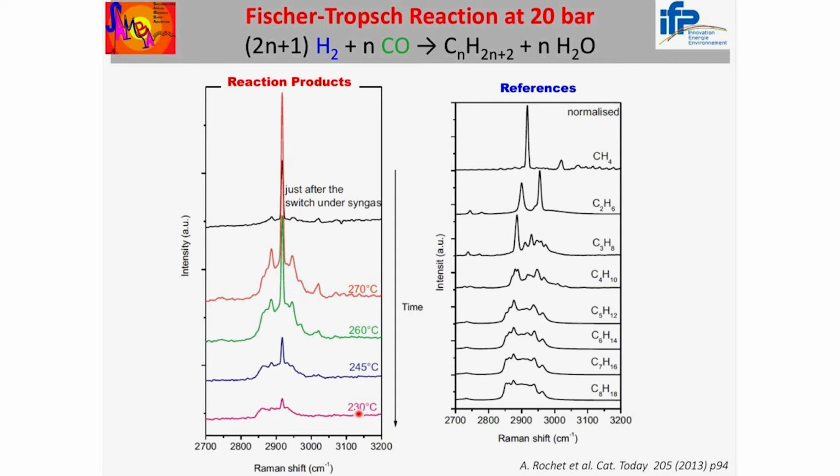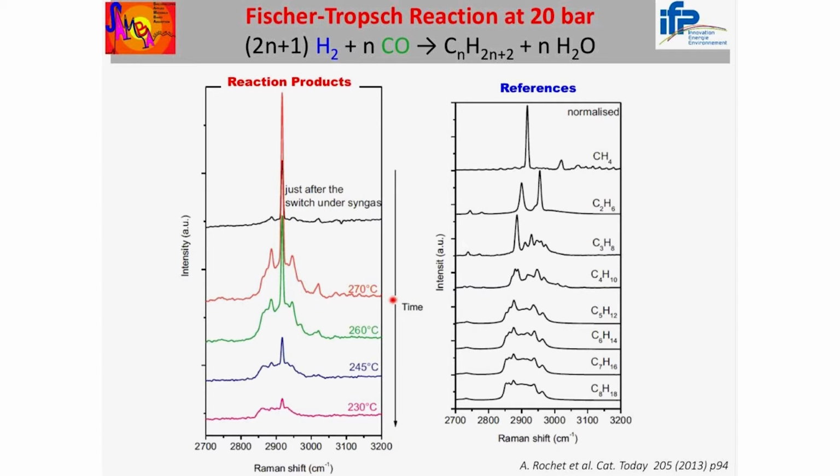And as you can see here, with the comparison of the Raman spectra recorded for pure references, I mean for methane, ethane, propane, and for hydrocarbons with longer chains, in the data recorded for the products of reaction at the different temperatures, we have an overlap. We have a distribution of reaction products.